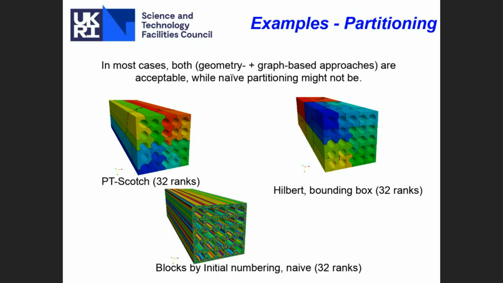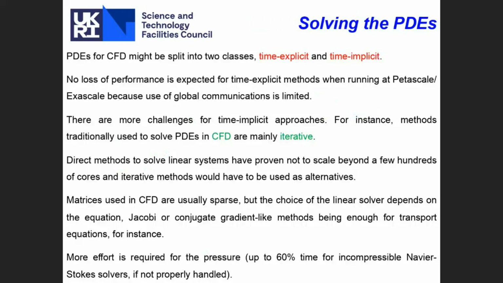In that situation, all the processors are going to talk to each other, which is going to slow down the simulation a lot. So the two first techniques at the top are to be chosen if you want to get good performance out of the machine and the code.